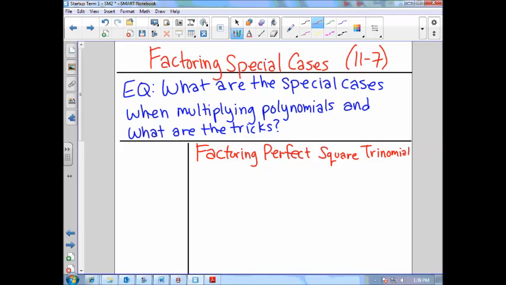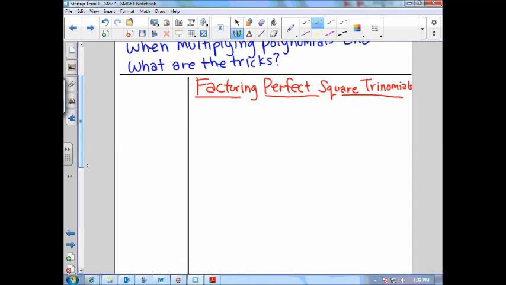There we go. Factoring perfect square trinomials.